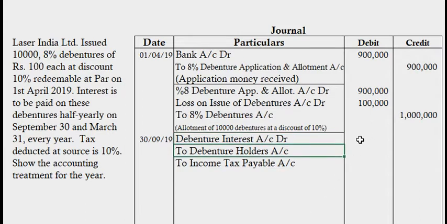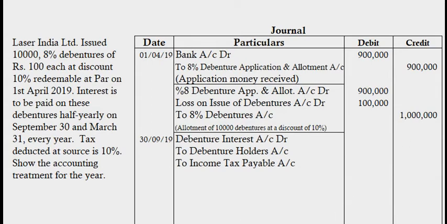So now we want to calculate the amount of interest. As we can see here, the debenture is an 8% debenture, that is the interest rate on this debenture will be 8%. So we can calculate the interest as 8% of rupees 10 lakh.